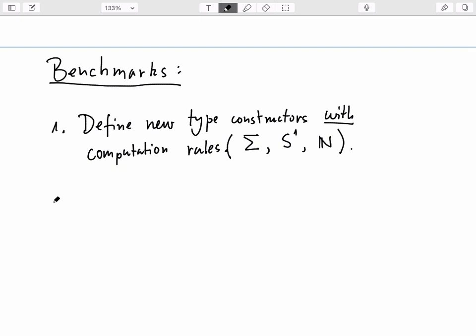Another benchmark would be to do something that is hard to do in intensional type theory, because this is going to be extensional type theory in the sense that you have extensional equality. So maybe one such thing would be to construct, here's one from the HoTT community, semi-simplicial types.